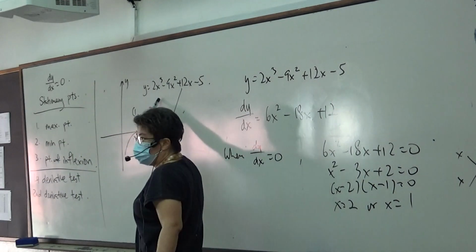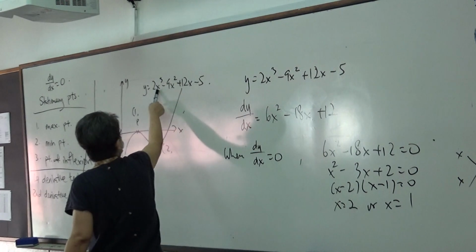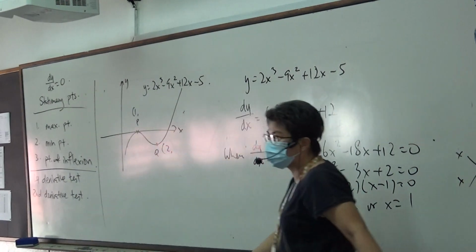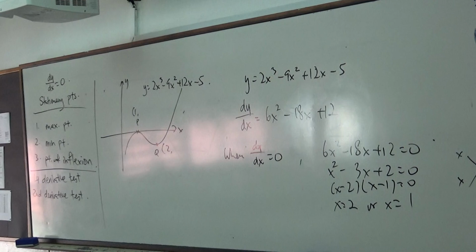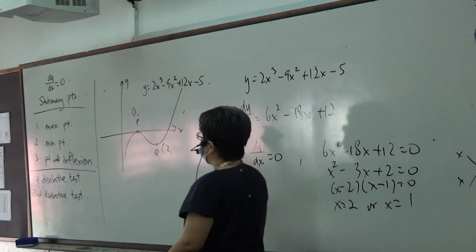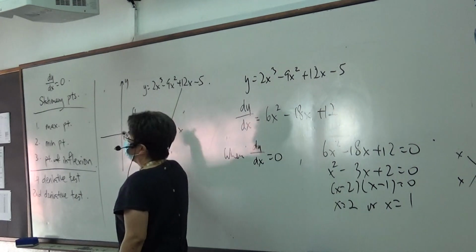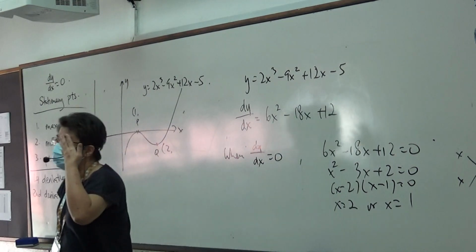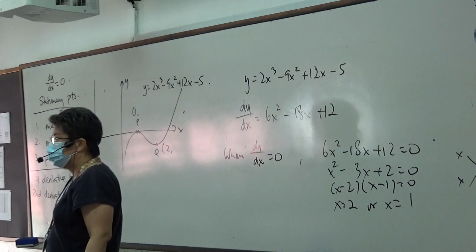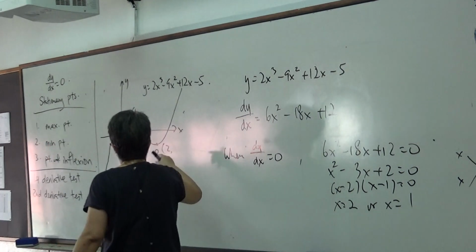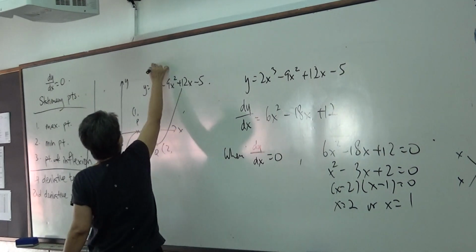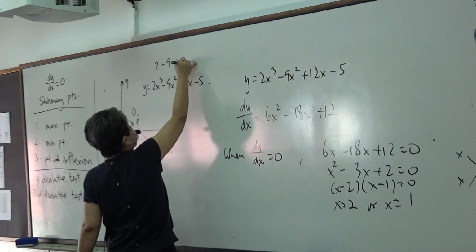And how do I get the y coordinates? You sub in here. You sub in 1. How much do you get? Don't look at me. My face has no answer. You sub in 1, this is 2 minus 9 plus 12 minus 5.